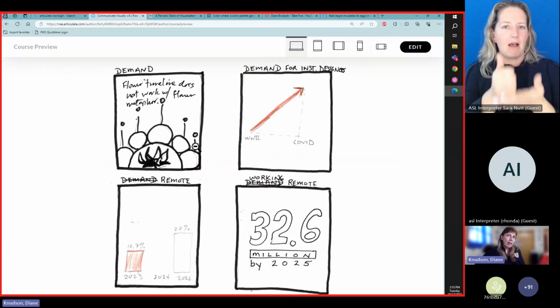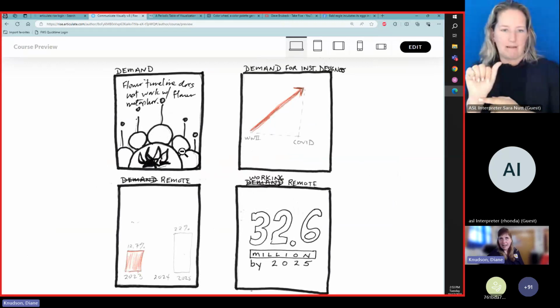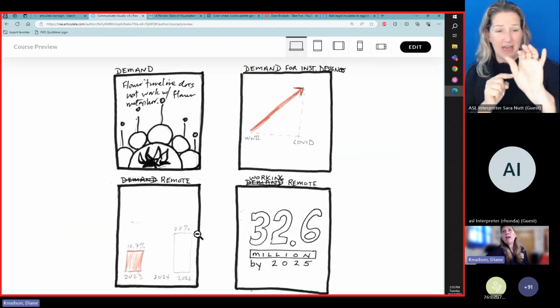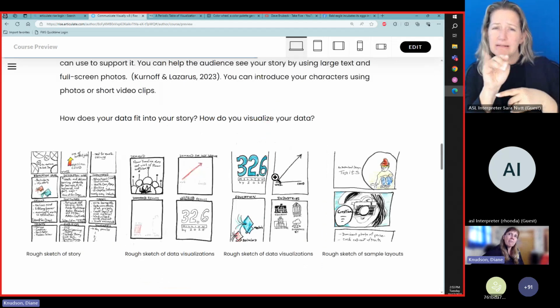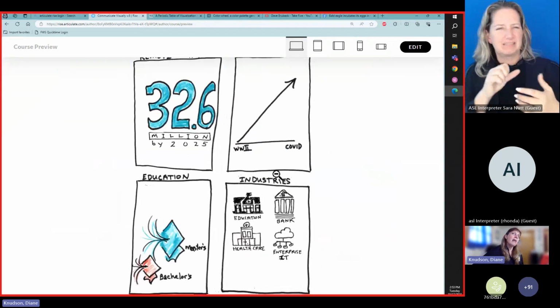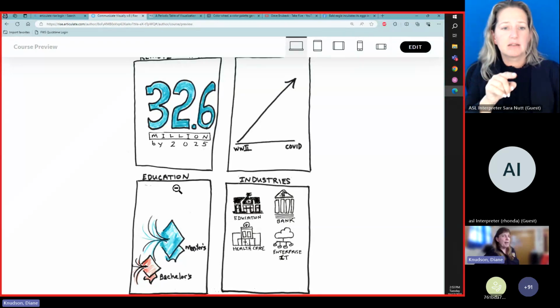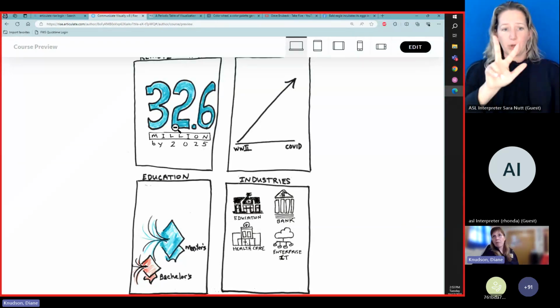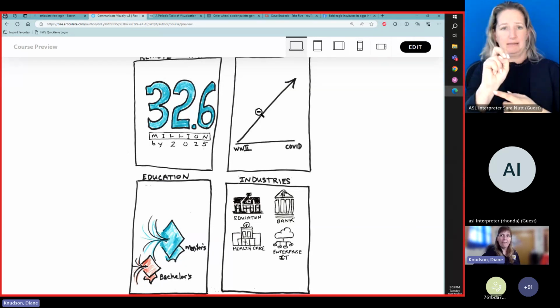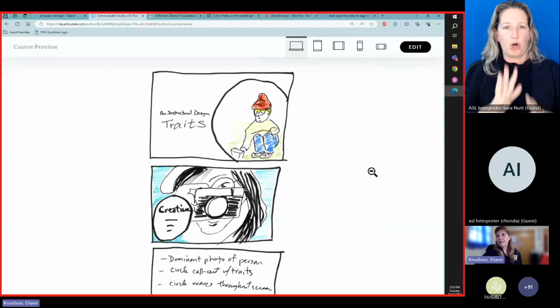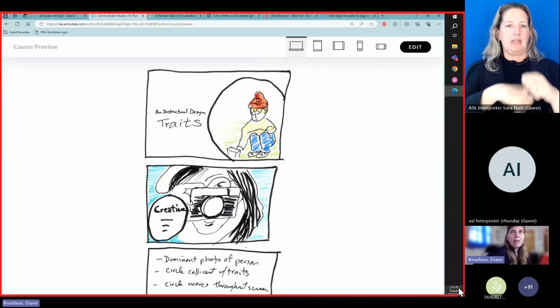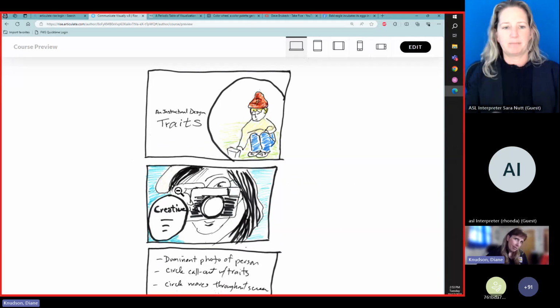You know, not everything works. I tried this flower timeline and it didn't work with the fire idea. Here's another one, emphasizing a figure that there would be 32.6 million remote workers by 2025. And finally, here's some sketches of what the slides themselves could look like.